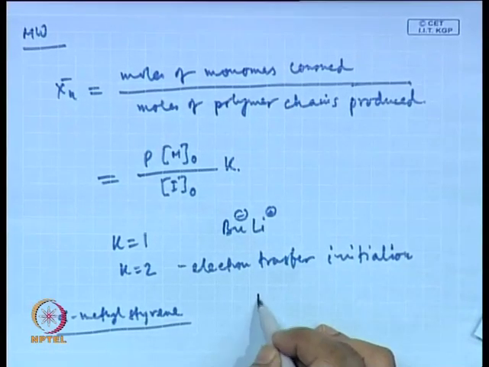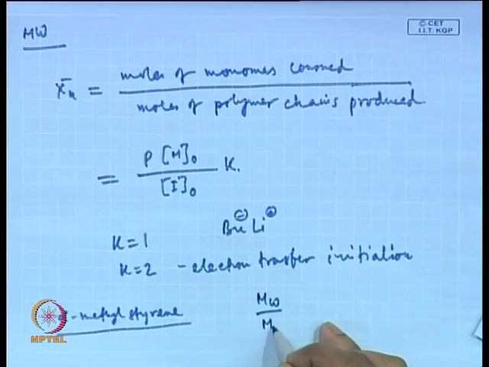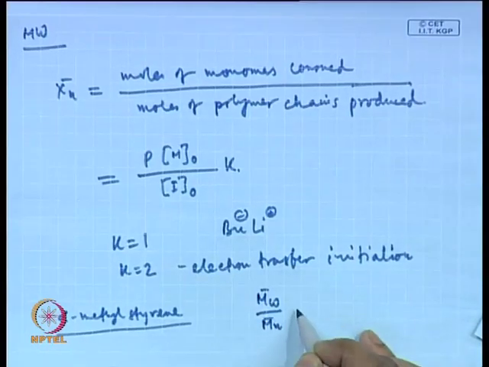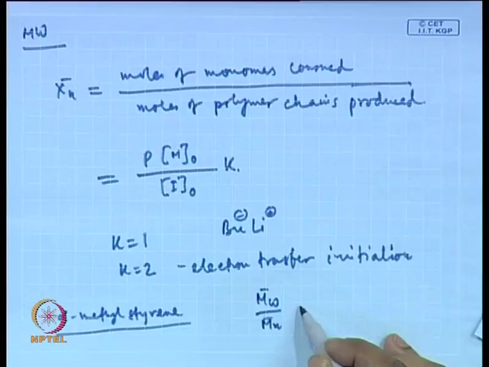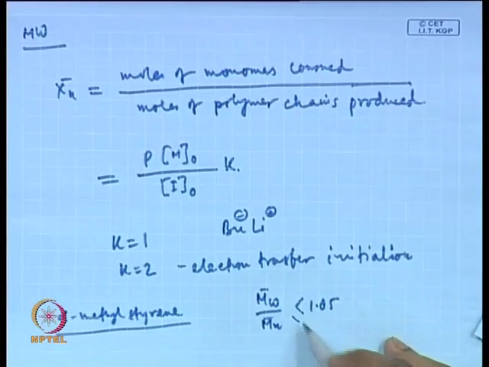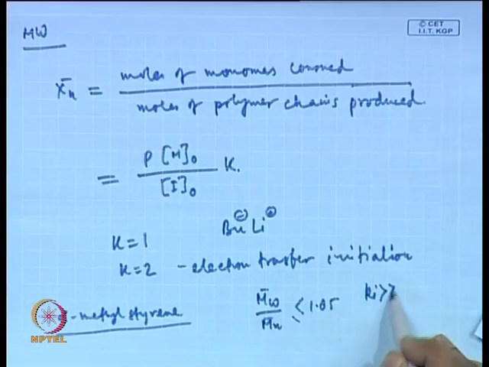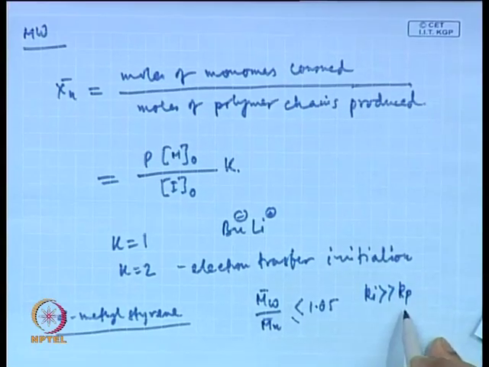Now, what about the polydispersity, Mw by Mn? Now, this remains very narrow, say less than 1.05, something like that. It remains very narrow as long as your initiation rate is much faster compared to propagation.